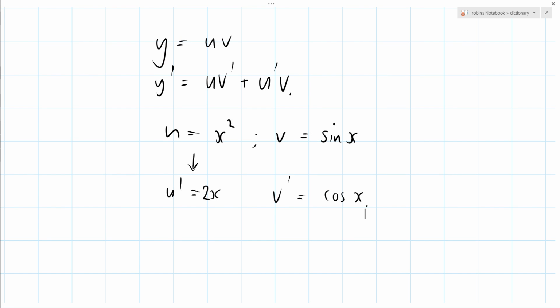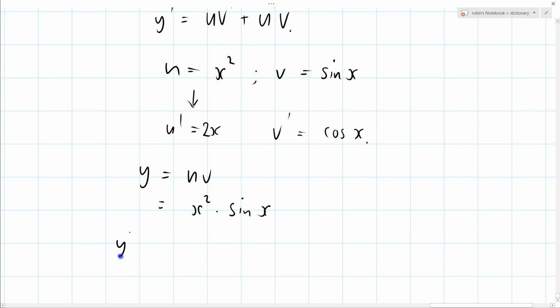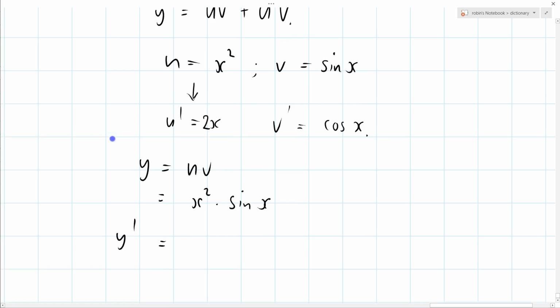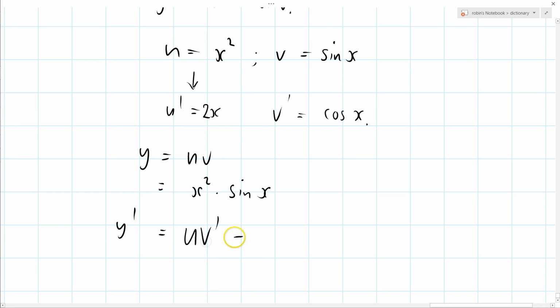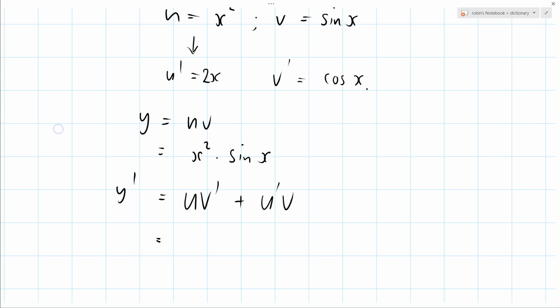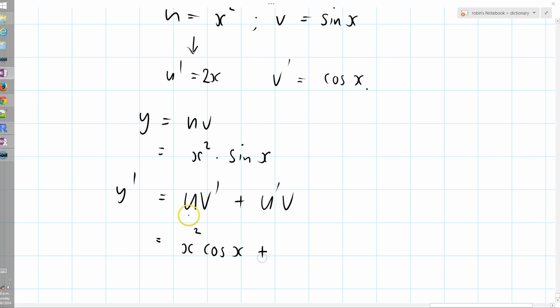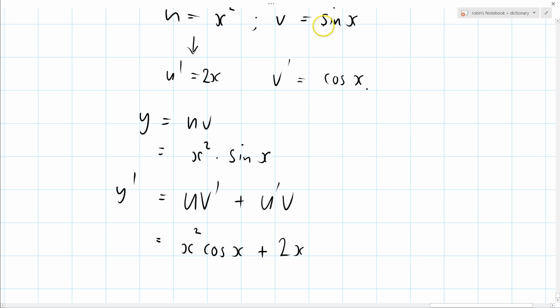So if y equals uv, which in this case equals x squared times sine x, then y dash equals uv dash plus u dash v, which equals x squared cos x plus, because that's u and that's v dash, plus u dash, which is 2x, times v, which is just sine x.